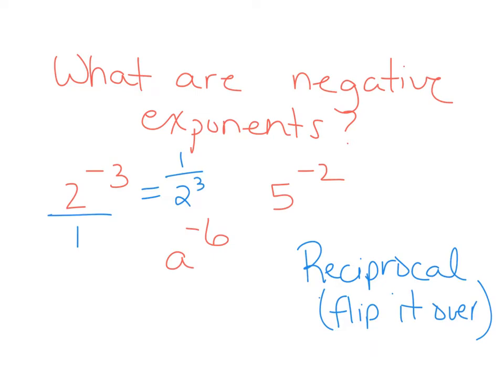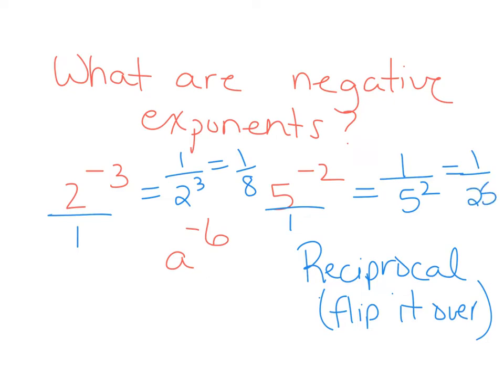So 5 to the negative second really means 5 to the negative second over 1, which means I'm going to flip it over, and when I flip it over, the negative exponent goes away. Of course, I would never leave 2 to the third or 5 squared in an answer, so I would multiply out those numbers. So 1 over 2 to the third is 1/8, and 1 over 5 squared is 1/25.